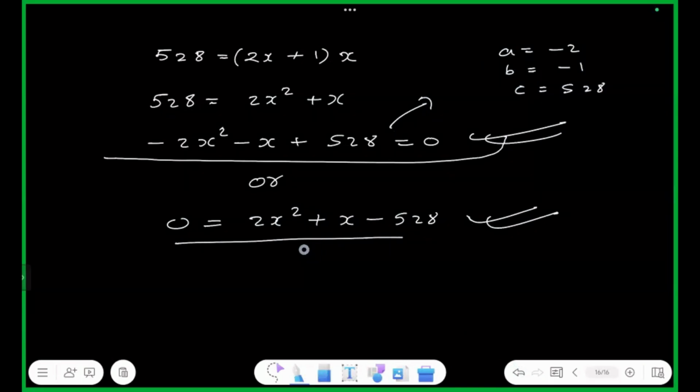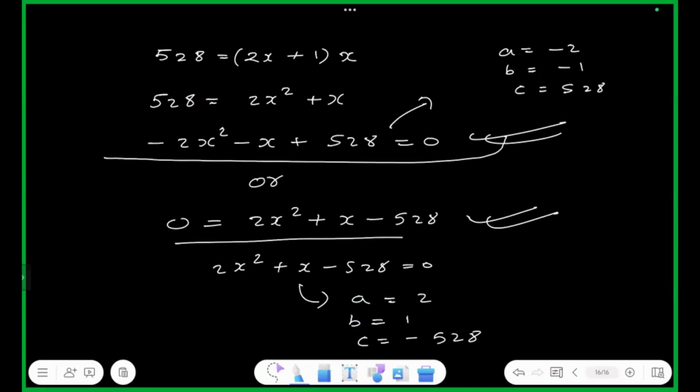If you do this other thing, you can write 2x square plus x minus 528 is equal to 0, then you will get a is equal to 2, b is equal to 1, and c is equal to minus 528. This is also correct. Both are quadratic equations. Hence, we have made the given situation into a quadratic equation.